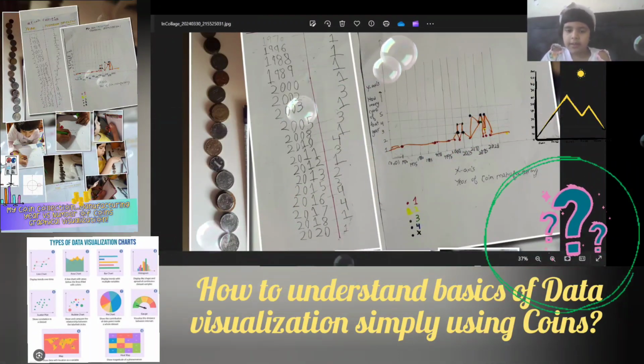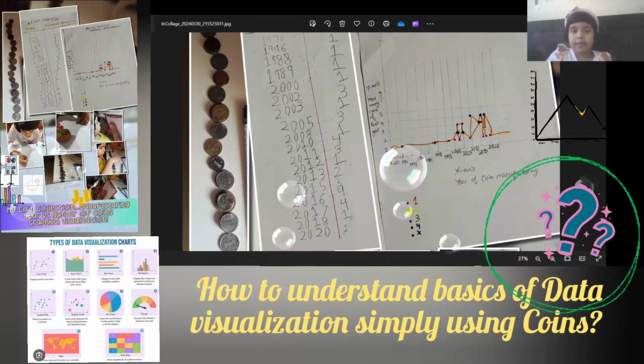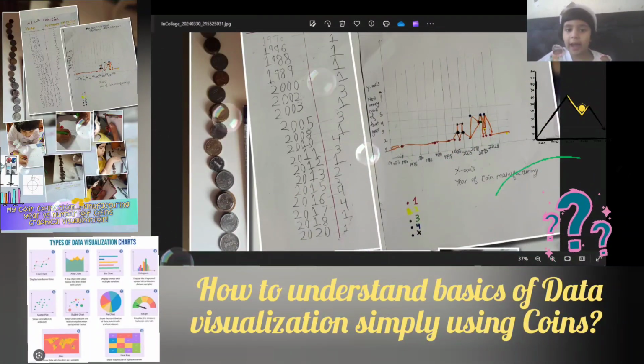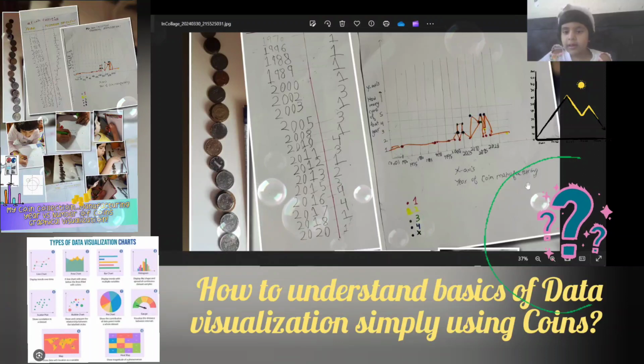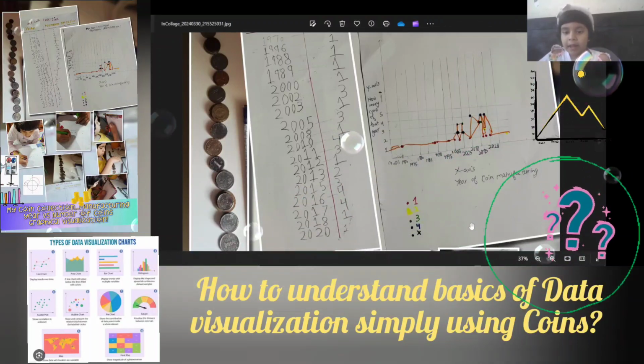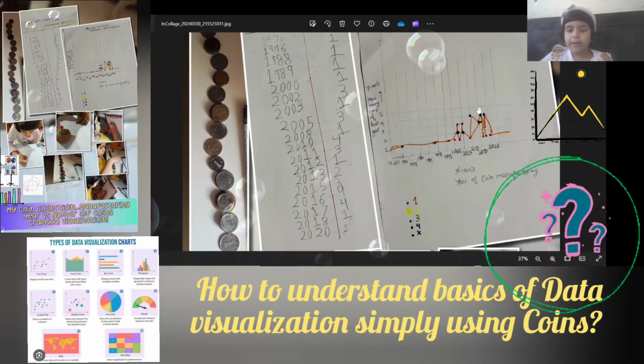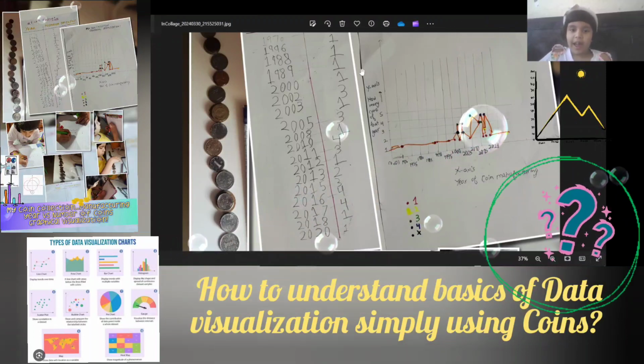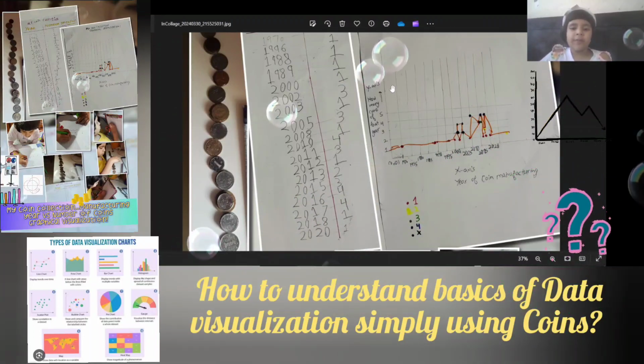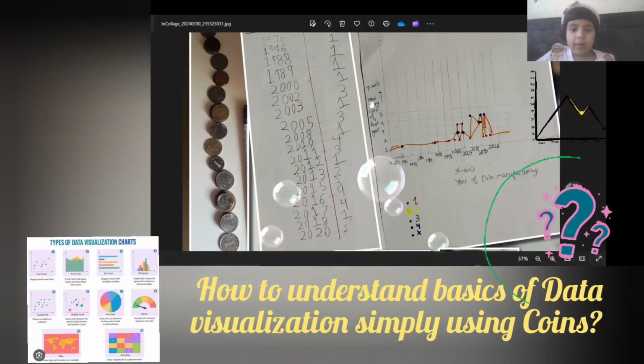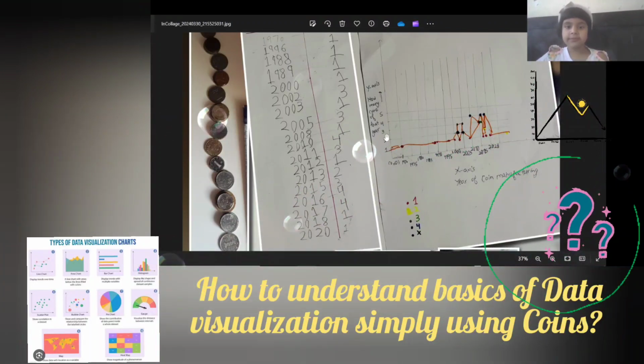So this is the x-axis and this is the y-axis. On the x-axis there is the year of coin manufacturing, and then on the y-axis there is how many coins of that year.